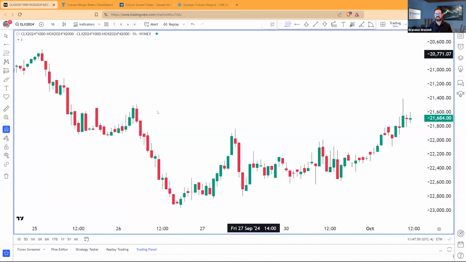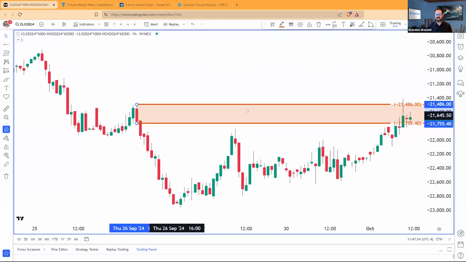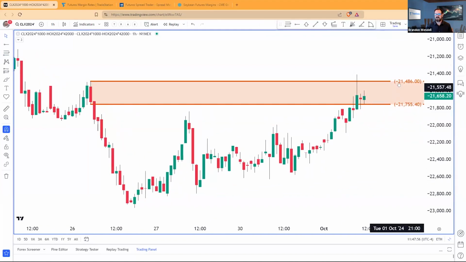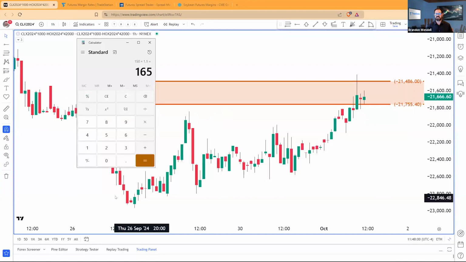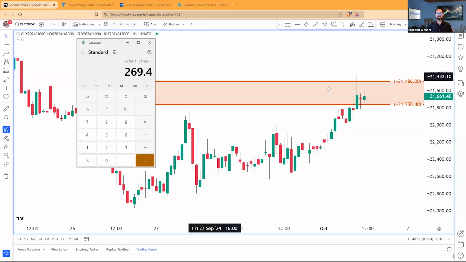Now, if I was selling, let's say I'm selling the contract of spread at this supply zone, now all I have to do is subtract those two. The difference is going to be the risk. That's it. So we have 21,755.4 minus 21,486. That's $269.40 of risk.